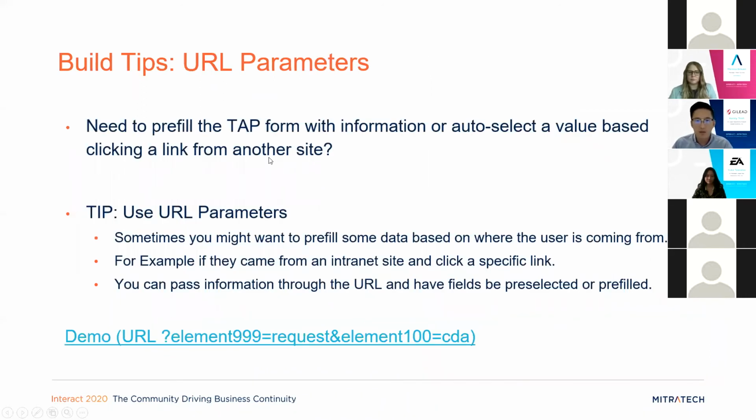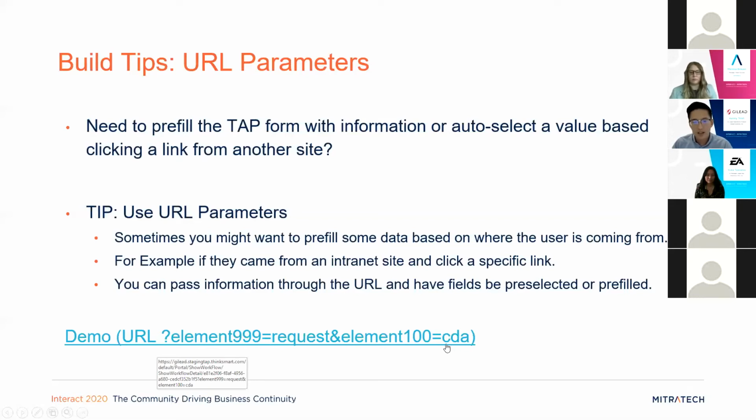So another cool tip that we have is that sometimes maybe the user is coming from an intranet site or something like that, and you want to pre-populate your form with some fields. Well, Tap gives you this great feature where you can actually pass some of the information through the URL. So if you see here at the bottom, element 999, we're going to pass over request, and element 100, CDA.